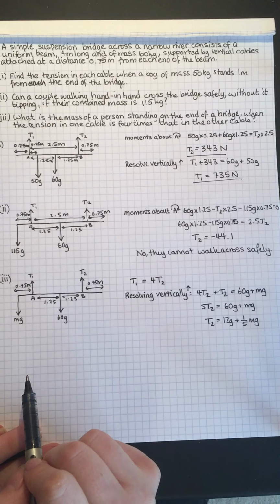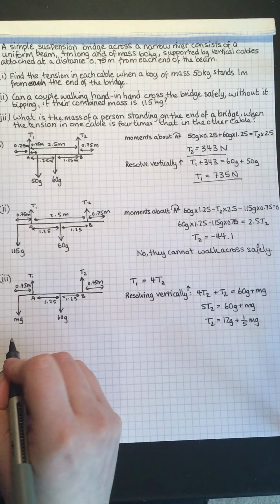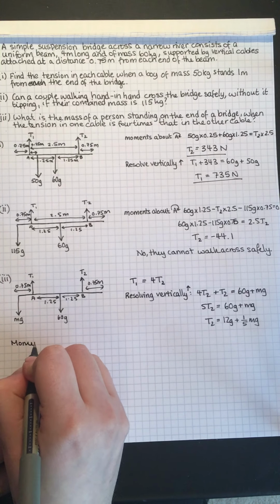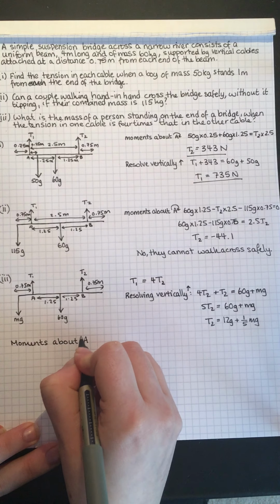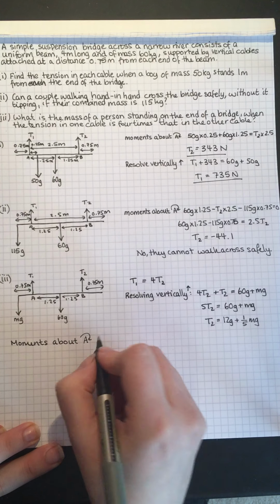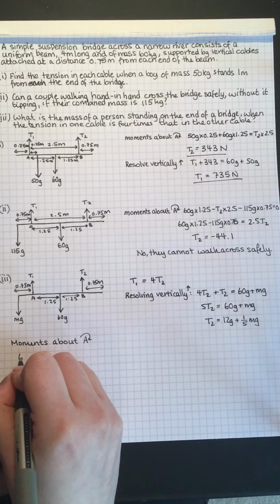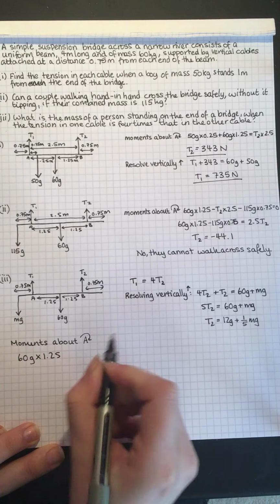So now let's go back to moments and take moments about A again. And we're looking at clockwise first of all, so we've got 60g times 1.25.